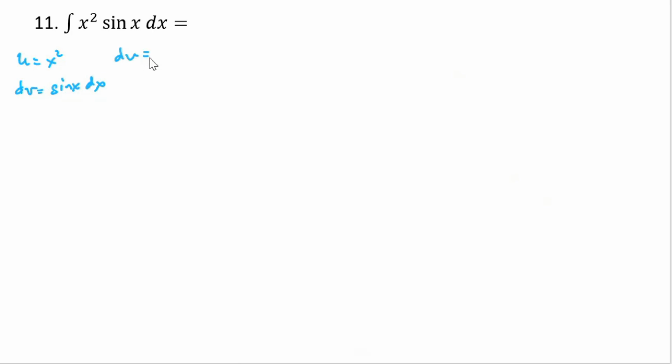So the derivative of x squared now is 2x dx, and the integral of sine x dx is just equal to the negative of cosine x. So using the formula of uv, we have now the negative of x squared cosine of x minus the integral of negative cosine x times the meaning of du is 2x dx.